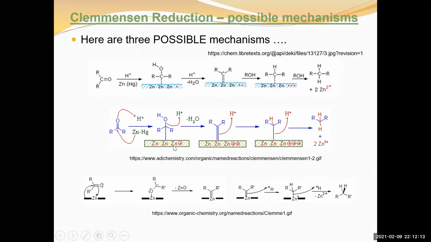However, this source of this mechanism just shows the bond coming after the proton, but it would probably have been better if they had showed it in 2 steps, right? Where then it will look like this.